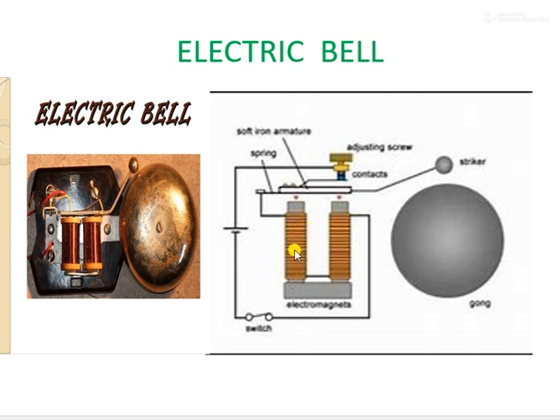This coil acts as an electromagnet, as we saw earlier. To this iron rod, we have the striker and we have the iron strip over here. And one screw is there, and this screw has an attachment with this wire.